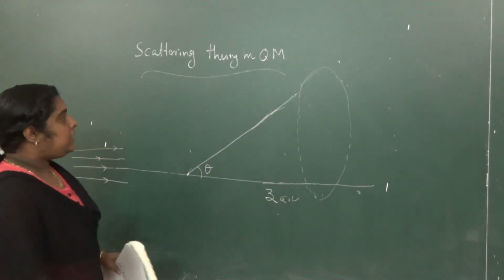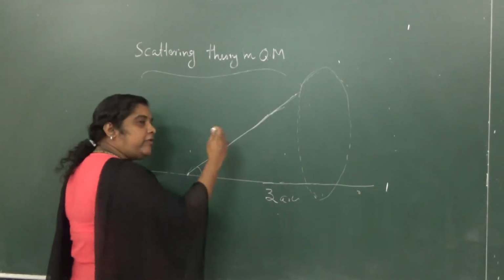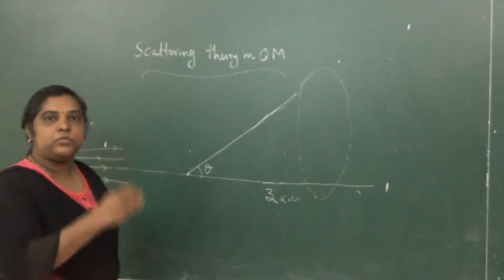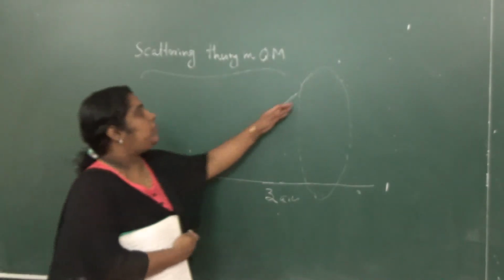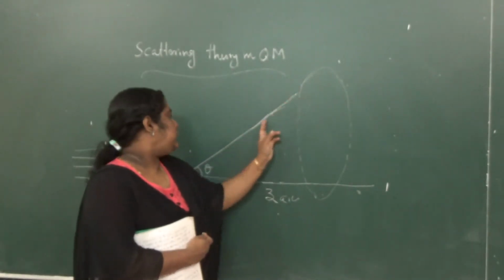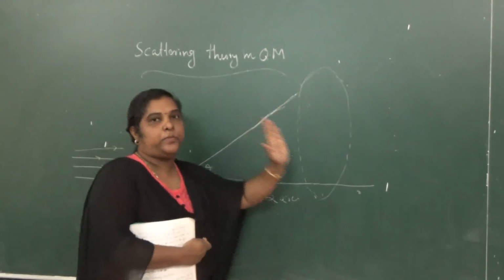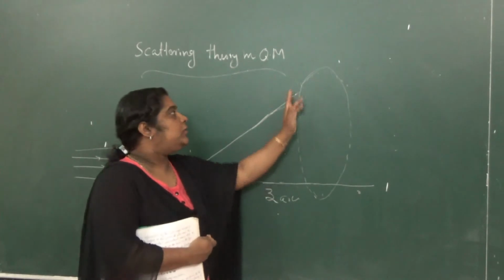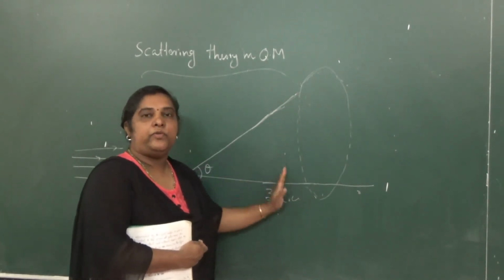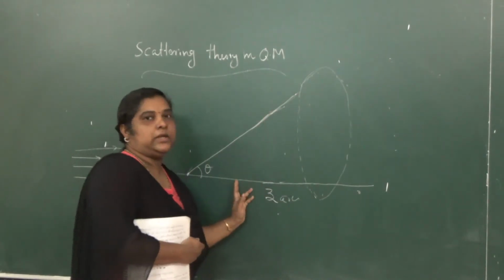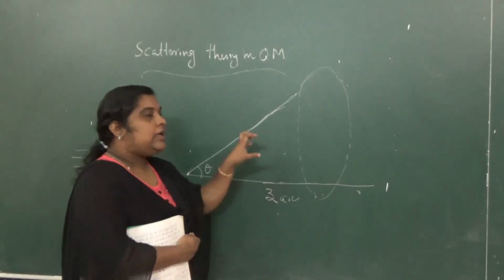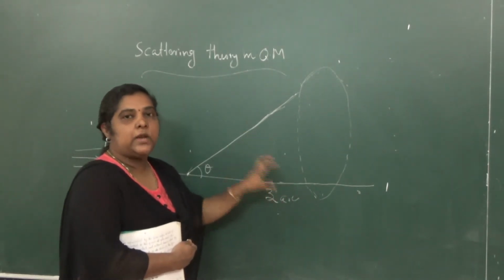Then there is phi, the azimuthal angle. You project this onto the xy plane, with z as the axis, so you have to find phi corresponding to this theta. So we are dealing with spherical polar coordinates.